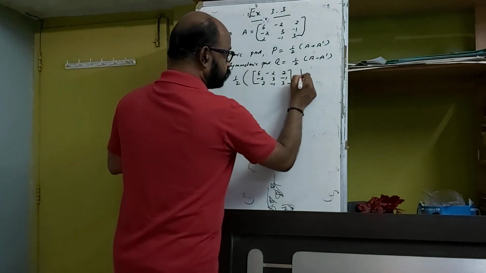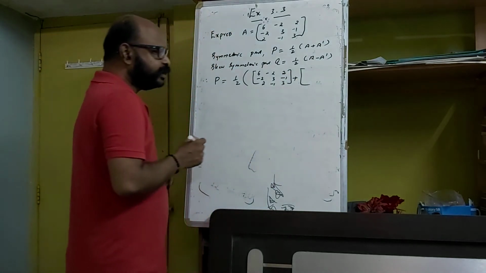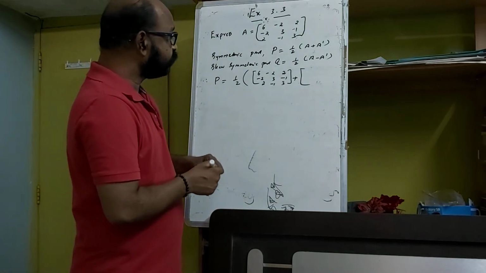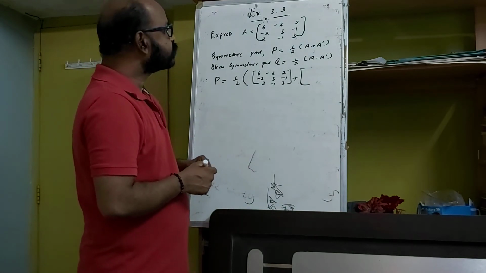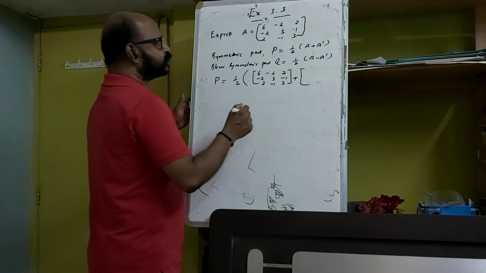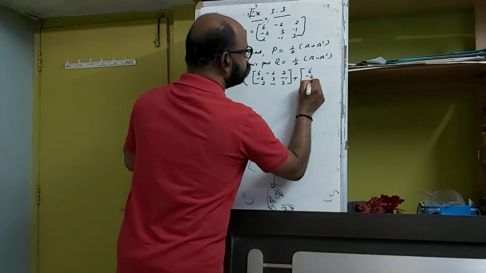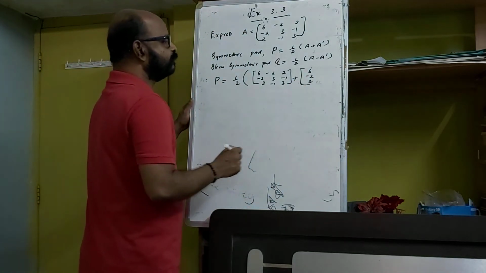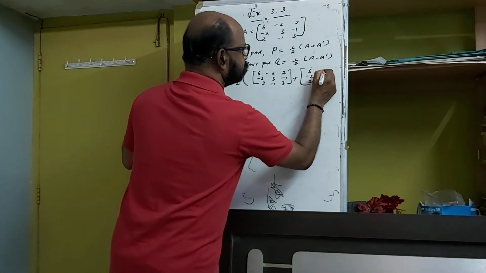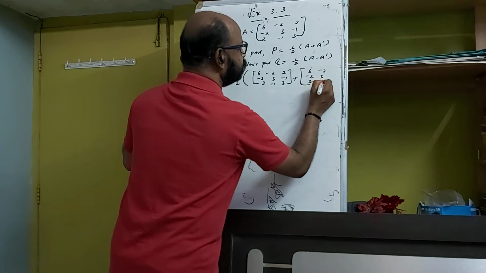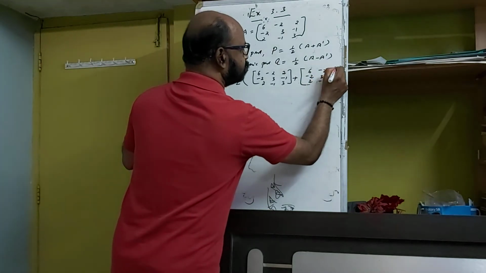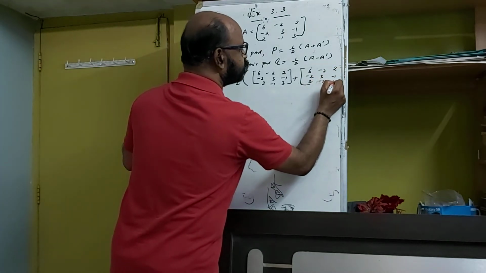A transpose. So transpose means the matrix obtained by converting the rows into columns. So the first row 6 minus 2 2 becomes the first column, minus 2 3 minus 1, 2 minus 1 3.